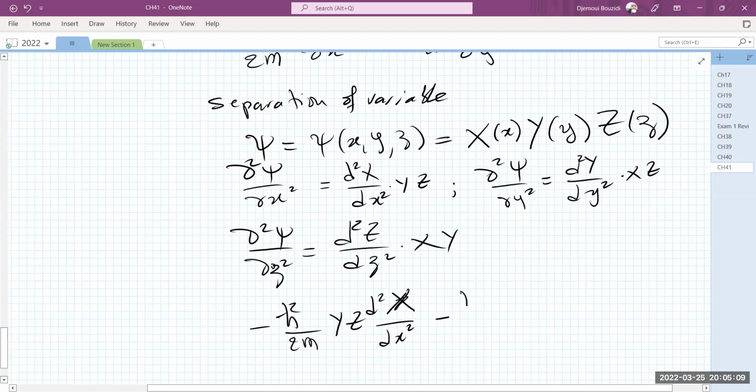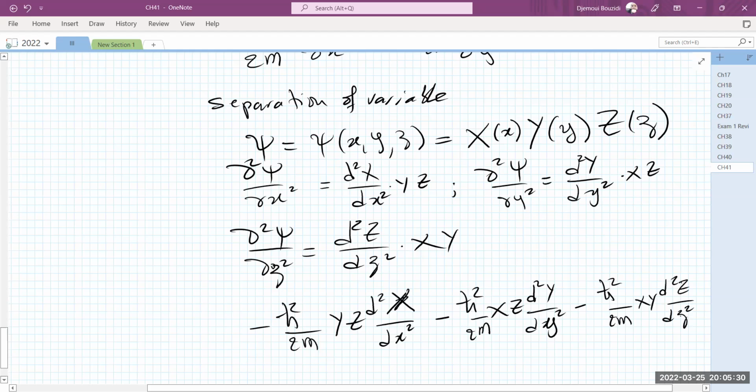The same thing with the second term, minus h bar squared over 2m, but I will have an XZ times the second derivative of Y with respect to y. And the last term in here is minus h bar squared over 2m times XY, the second derivative of Z with respect to z, is equal to E times X times Y times Z.